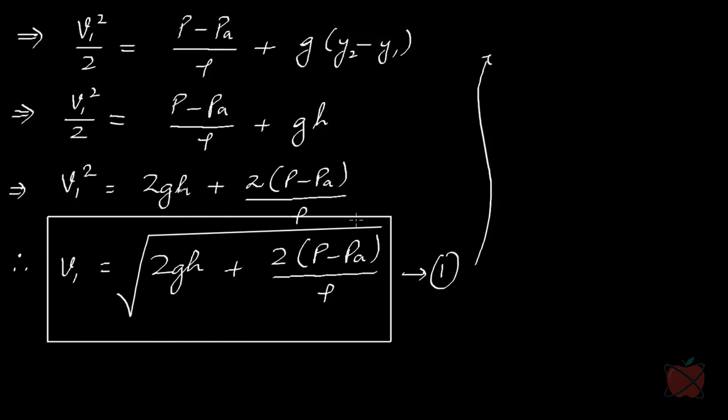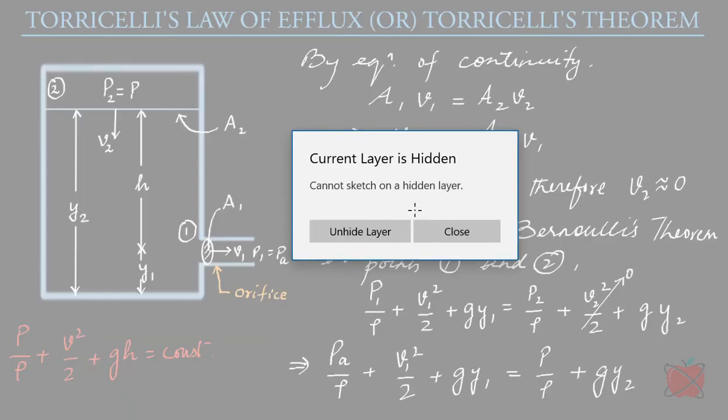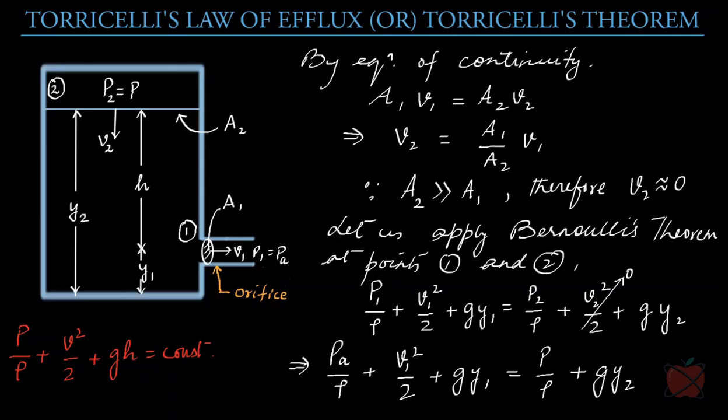Okay, now a special case. Suppose this part is open. Now if the tank is open, let me rub off this part. Sorry about that. If the tank is open, then the liquid surface is exposed to the atmosphere, yes or no? So do you agree that P2 will also be equal to PA?